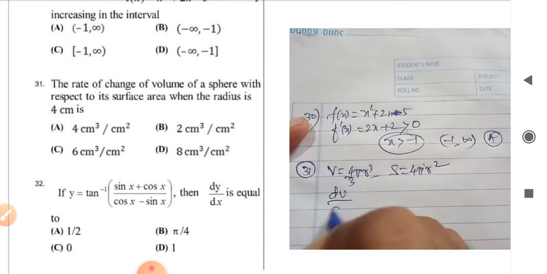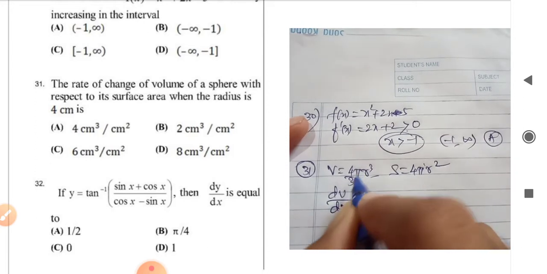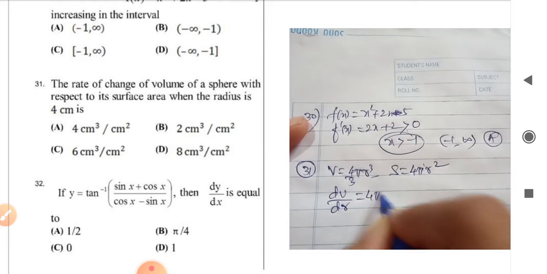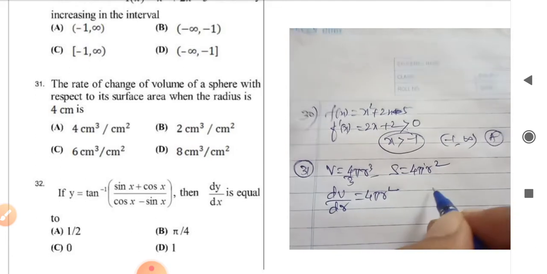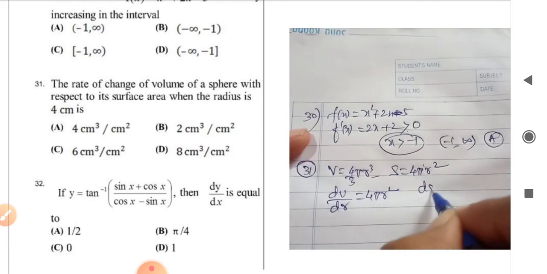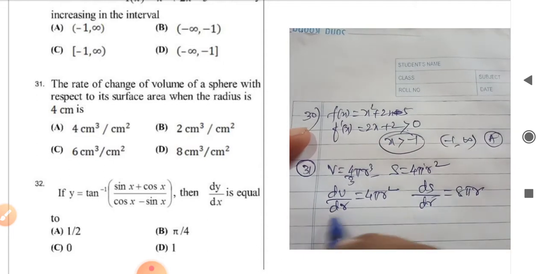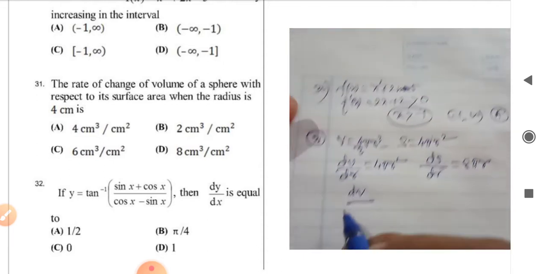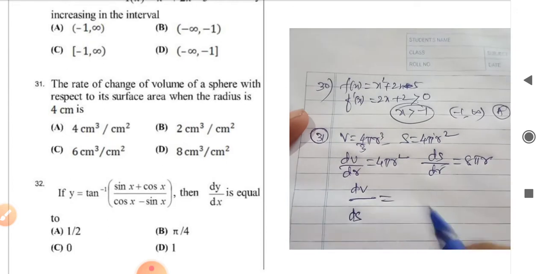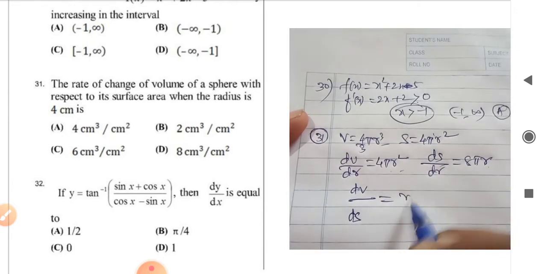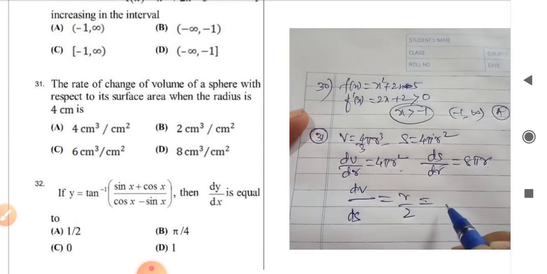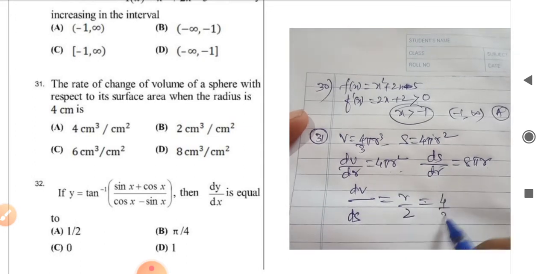First we differentiate: dv by dr is 4 pi r square, and ds by dr equals 8 pi r, correct? Now if I divide, dv by ds equals 4 pi r square divided by 8 pi r, which is r by 2. They have given r equal to 4, so 4 by 2 equals 2.